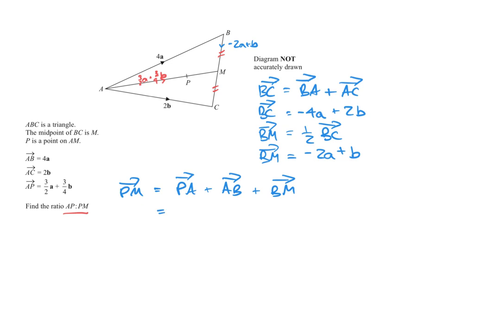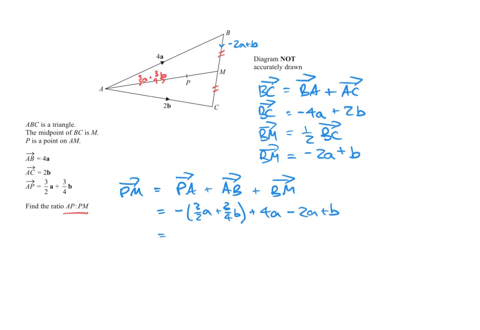P to M is equal to P to A, which is the opposite of this one here, so minus 3 over 2a minus 3 over 4b. And then A to B is plus 4a. And then B to M is minus 2a plus b.